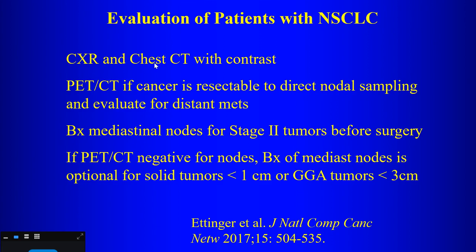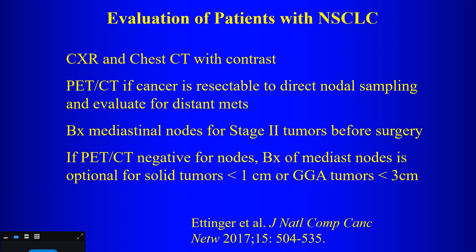So evaluation: chest X-ray, chest CT with contrast, and PET CT, especially if we're thinking about whether or not the patients are going to be a surgical candidate, but also for staging the patients. You might biopsy mediastinal nodes for stage 2 tumors. Again, if you're going to offer surgery, you don't want to do surgery if it turns out they have contralateral lymphadenopathy.